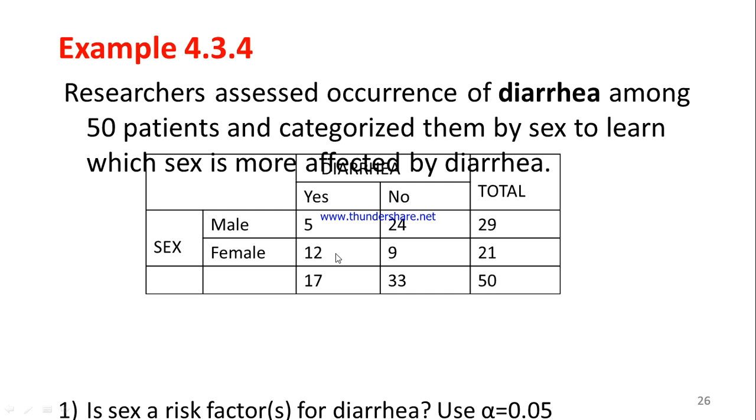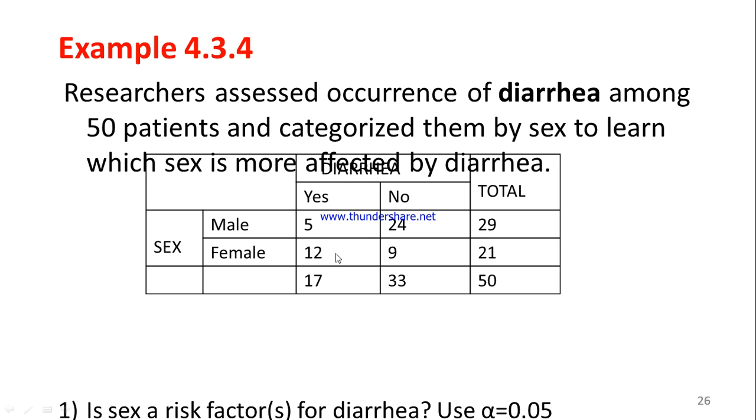To do this, as you can see, we have only two variables. Diarrhea is the outcome variable, and sex is the independent variable. Therefore, we have to run a simple logistic regression. Why simple logistic regression? Because we have only one independent variable.